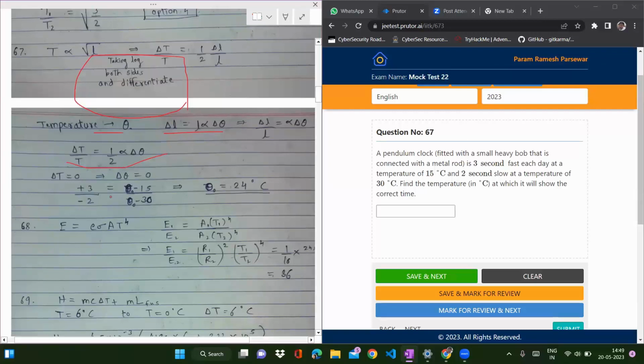We have two cases where the change delta T is given and delta theta is given. So we take the ratio of those two cases, plus 3 for 3 seconds faster and minus 2 for 2 seconds slower, and delta theta will be theta naught minus 15.